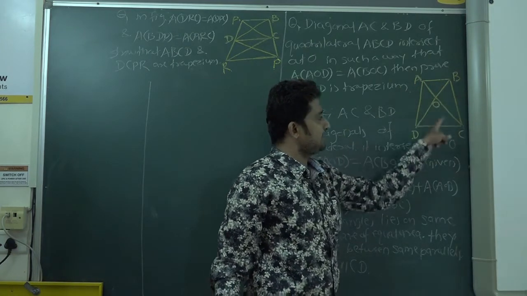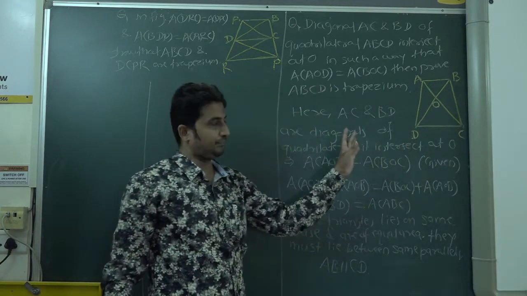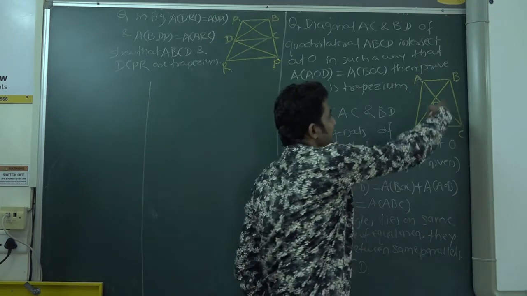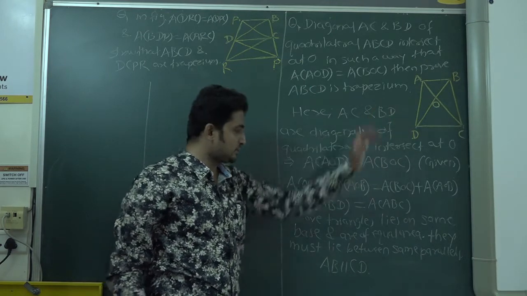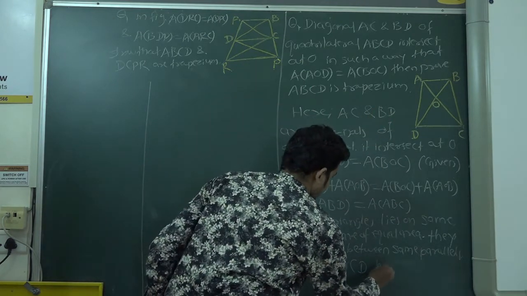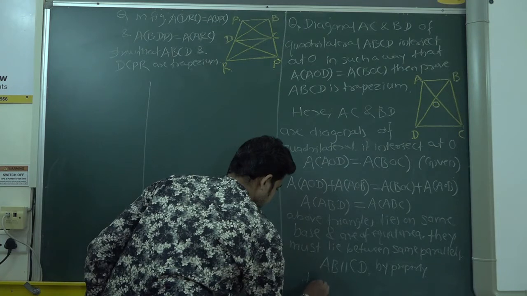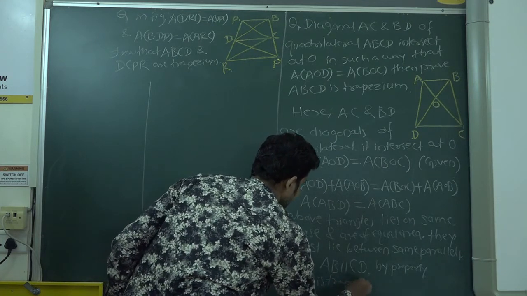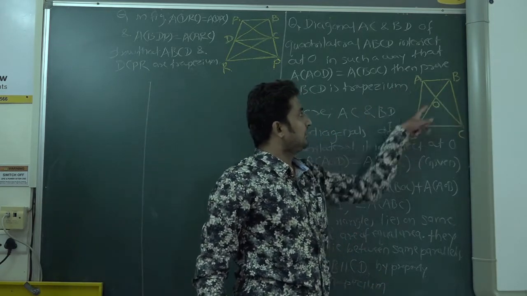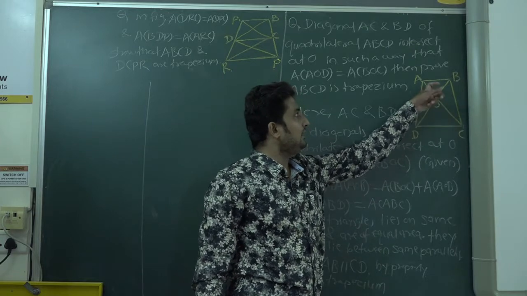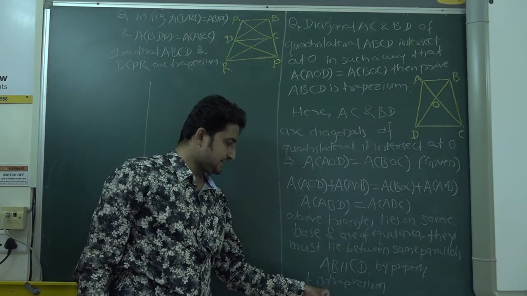Now here area AOD is equal to area BOC, this result is given, and the diagonals intersect at point O. So by using the property of trapezium, the diagonals intersect at point O and AB is parallel to CD. So by property, it is the trapezium.